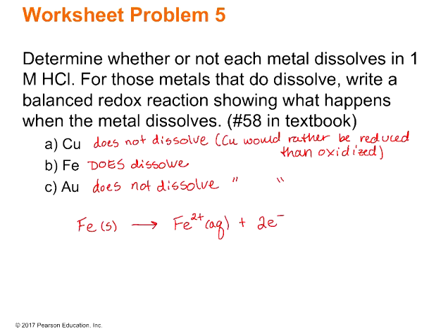Iron is going to be oxidized. It's going to lose electrons. And then we said that hydrogen ions will be reduced, so they're going to gain electrons and become hydrogen gas.